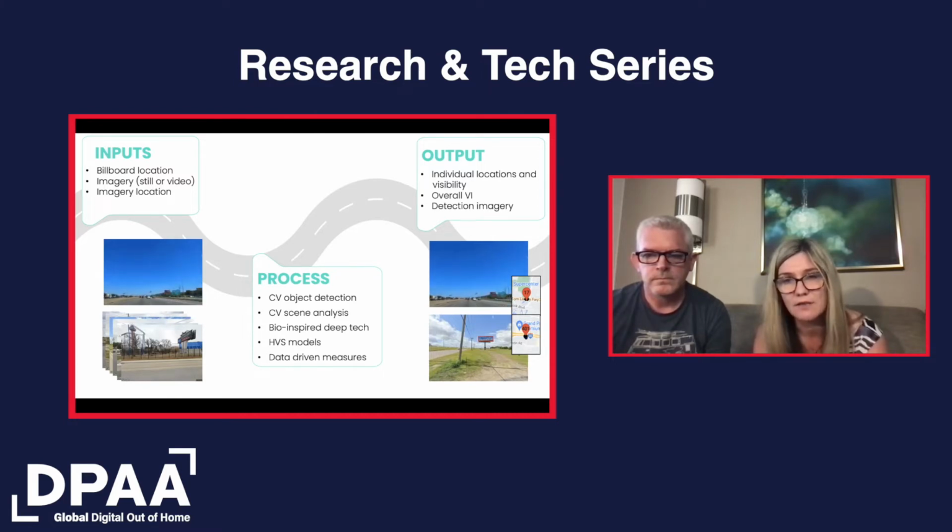The Salamander system then does its magic automatically with no human input needed. It makes use of state-of-the-art deep learning networks to analyze the scene and extract the billboards. Using a human visual system-based model, it then calculates the billboard visibility.